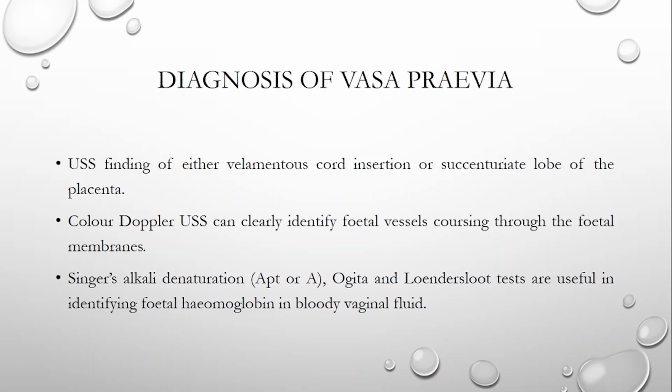The alkali denaturation, Ogita and Londersloot tests are useful in identifying fetal hemoglobin in bloody vaginal fluid.